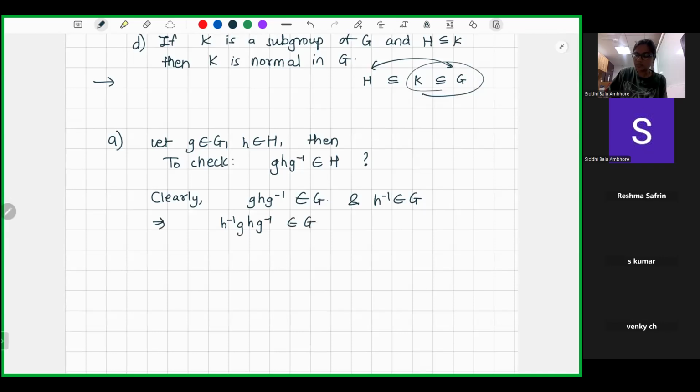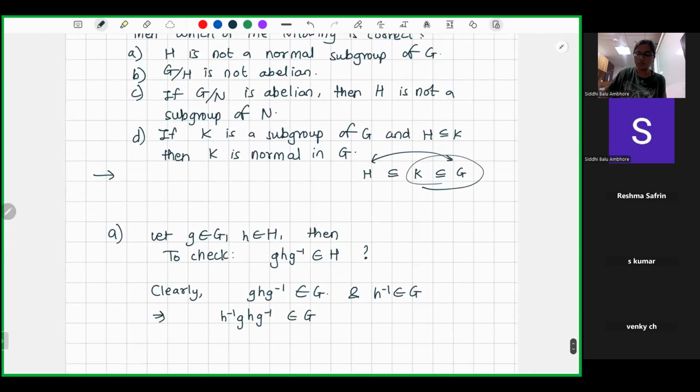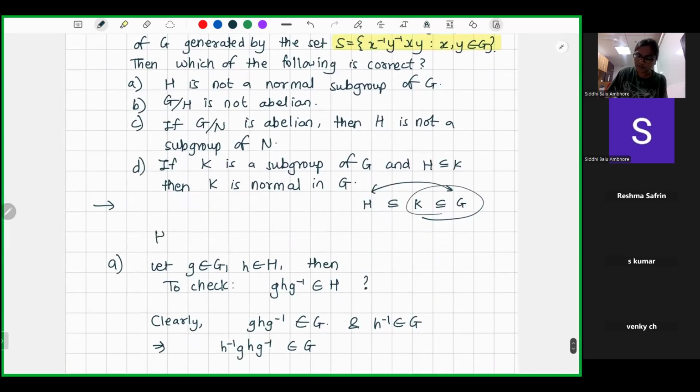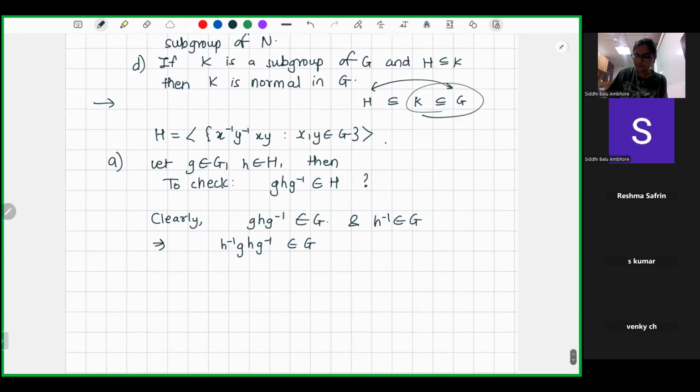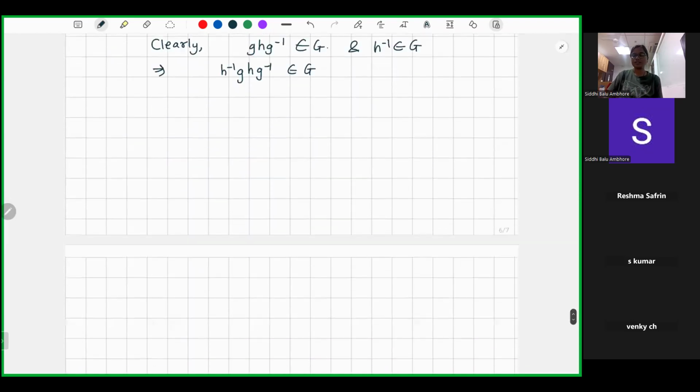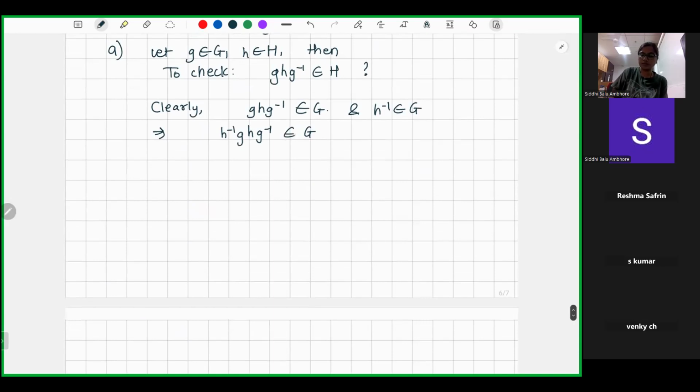This belongs to G, but from the definition, what my H is, let me write here again explicitly. H is generated by X inverse Y inverse XY such that X, Y in G. Okay, this is what we know here.